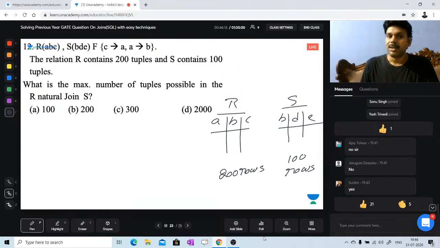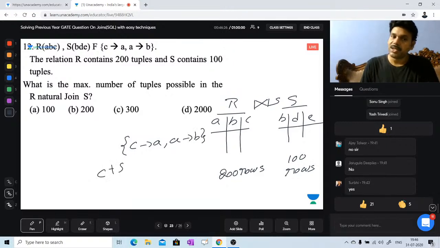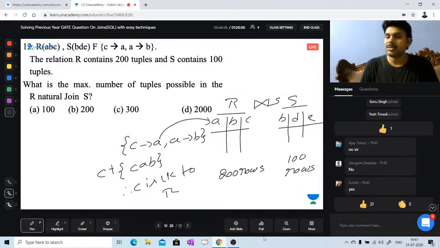I want to do R natural join S, and some dependencies are given to you: C to A and A to B. By finding the C closure, you will get CAB. Therefore, C is a candidate key of R, because these dependencies belong to R only, not to S.